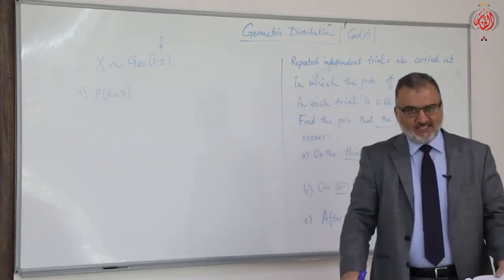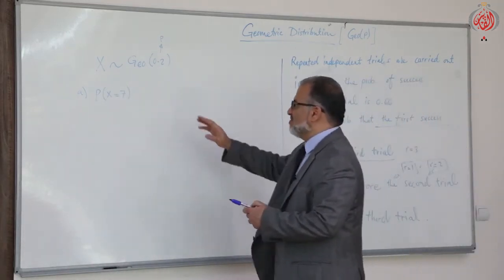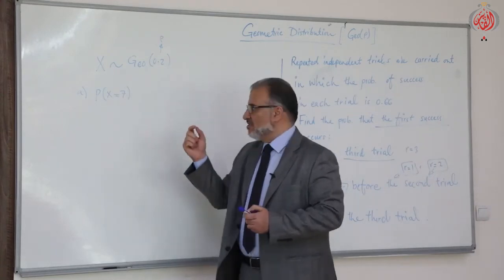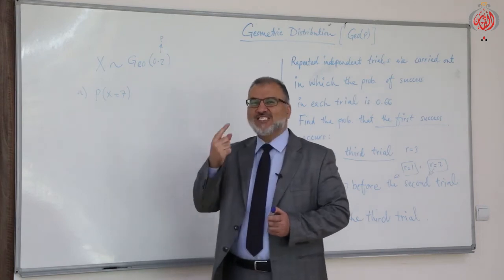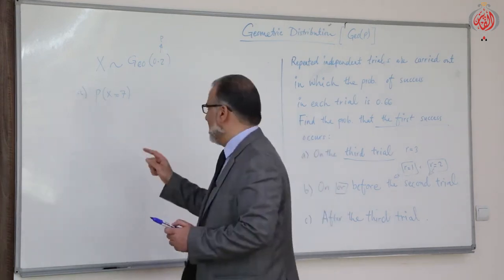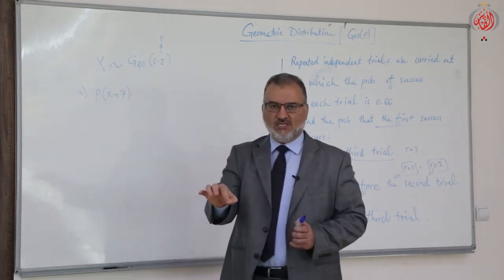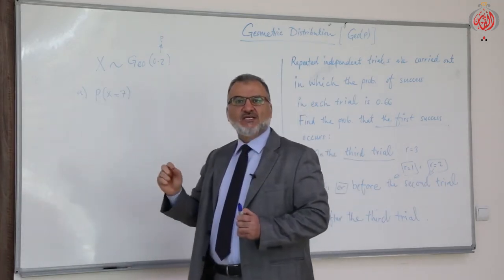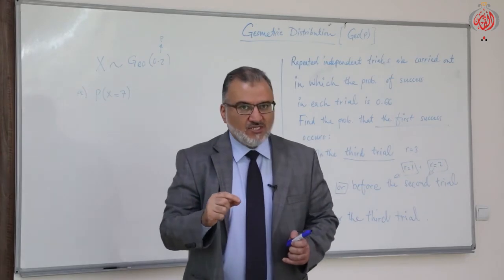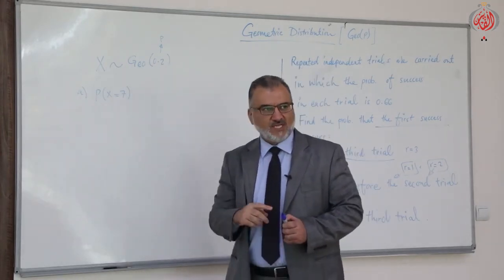What is the meaning of that in the geometric distribution? It means we want the probability that the first success occurs on the 7th trial.